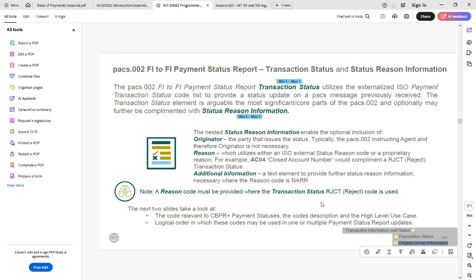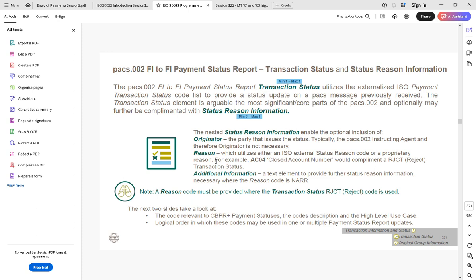I am going to show you now on the next page, because there is one example given. The nested status information enables the optional inclusion of the originator, the party that issues the status, typically the PACS.002 instructing agent. This is not required, and it utilizes either an ISO external status reason code or a proprietary one.